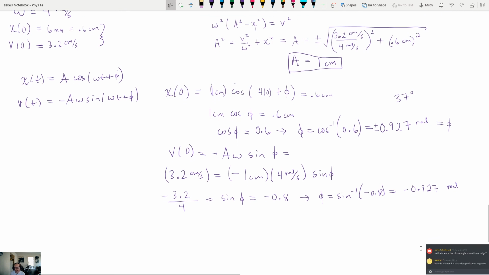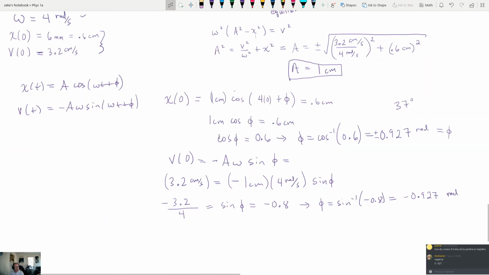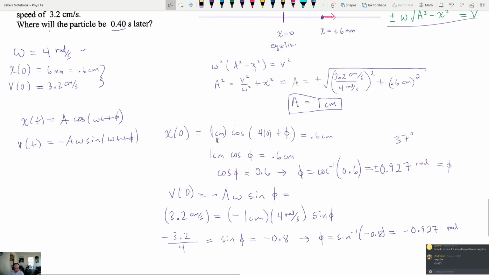So what are our functions, right? Now we can actually... Derivative of this, negative sign here. There was a negative sign here. That became negative. Nothing else was negative because it was going to the right, right? The velocity, just to make sure. Initially, the particle is 6 to the right, moving to the right. Yeah. So, how do you know if it should be positive or negative?